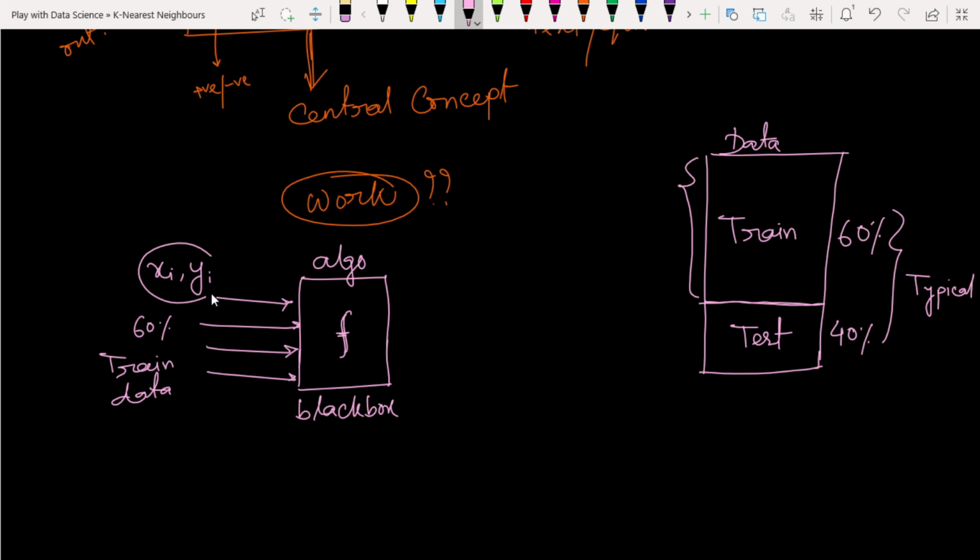Using the 60% data we train these algorithms. This is called the training phase.